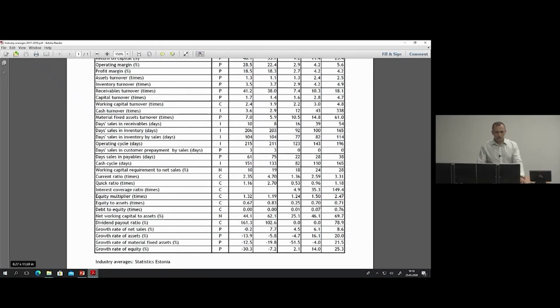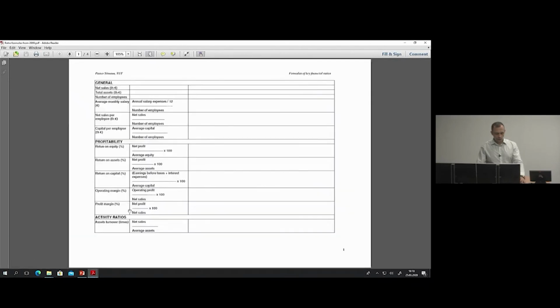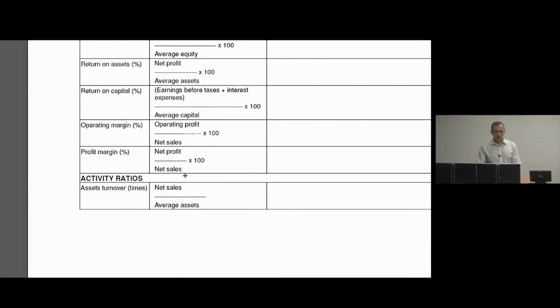So it means that each euro of net sales generated 28.5 euro cents as operating profit and 18.5 euro cents as net profit.